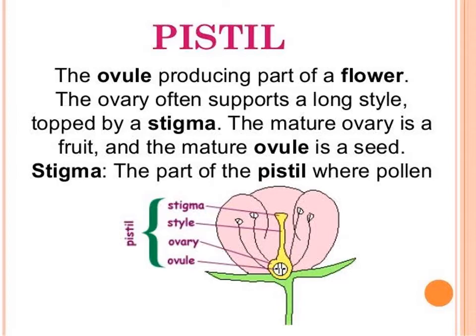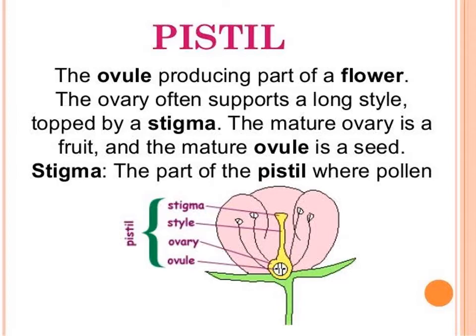So the pistil, the female reproductive part of a flower, centrally located, typically consists of a swollen base, the ovary, which contains the potential seeds or ovules, a stalk or style arising from the ovary, and a pollen receptive tip, the stigma, variously shaped and often sticky. Sticky means adhesive.